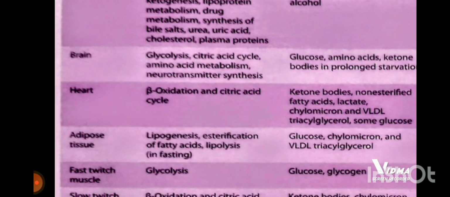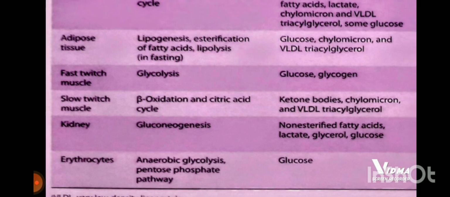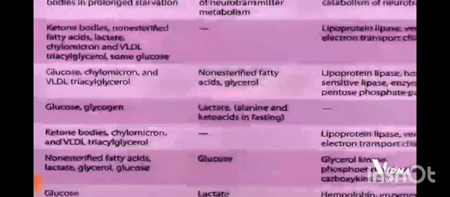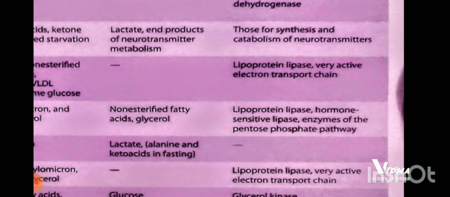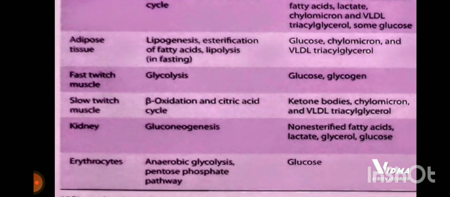In adipose tissue: lipogenesis, esterification of fatty acid, lipoprotein and fasting, glucose, chylomicrons and VLDL triacylglycerol. Non-esterified fatty acid and glycerol are the products exported, and the enzymes are lipoprotein lipase, hormone sensitive lipase, and enzymes of the pentose phosphate pathway.